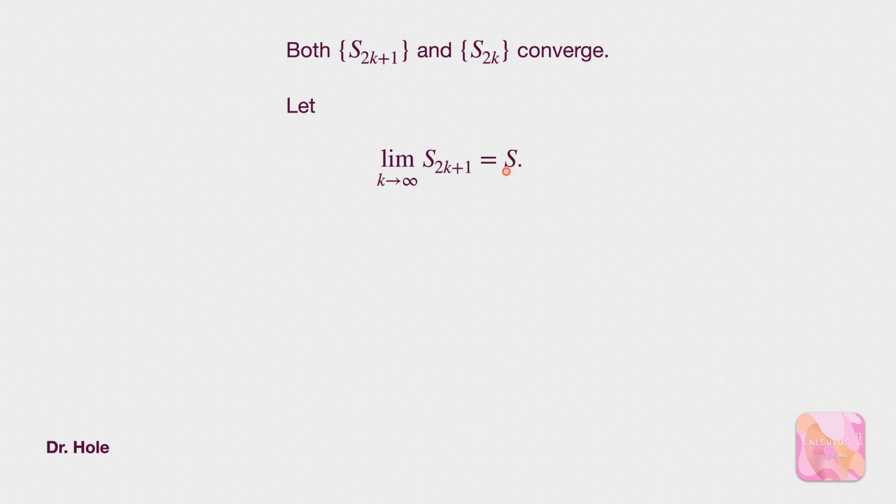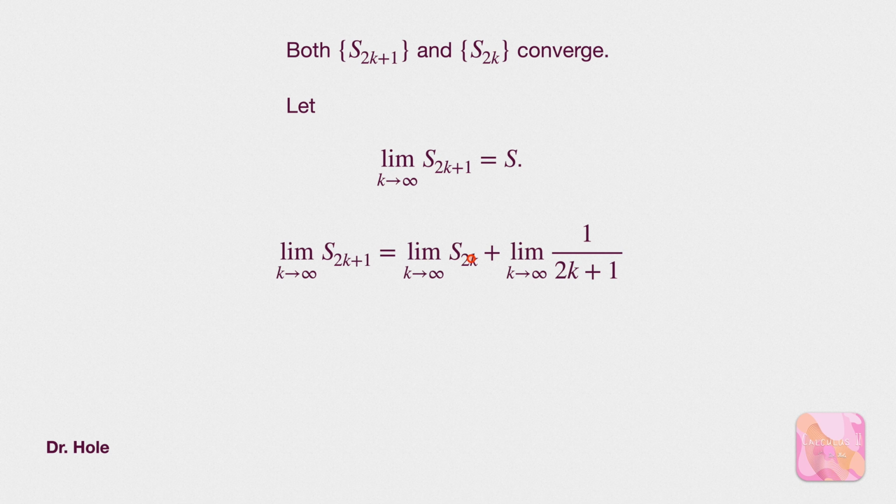Well, we know how to rewrite an odd indexed partial sum in terms of an even indexed partial sum, we would take the even indexed partial sum and then add in the next term. So that's how we can rewrite this. And then by properties of limits, we can distribute the limits. Well, a nice thing happens to this 1 over 2k plus 1. It limits out to 0.